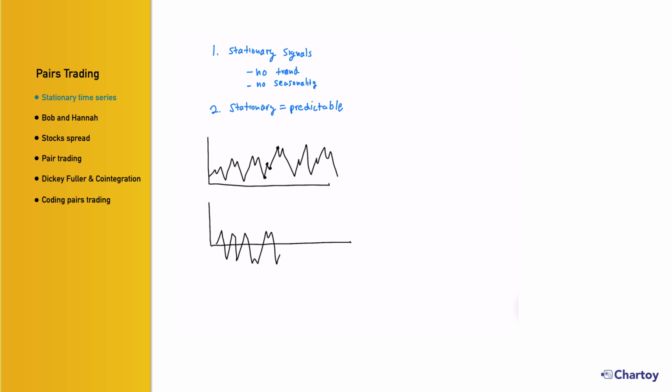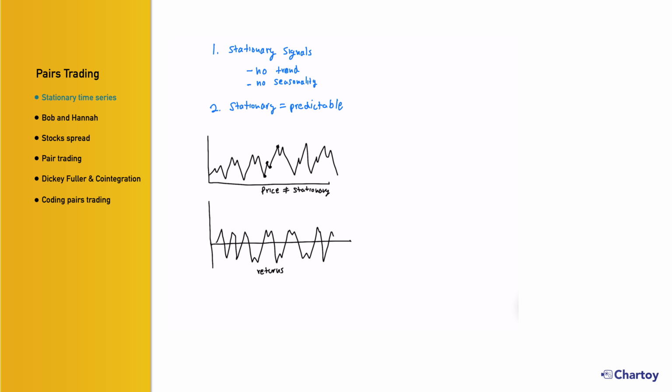So if we sketch the time series as the returns of the stock, not as the price, what you see here is that we get something that is more stationary. The price itself is not a stationary time series, but the returns are revolving around zero and have a variance that is somewhat constant.